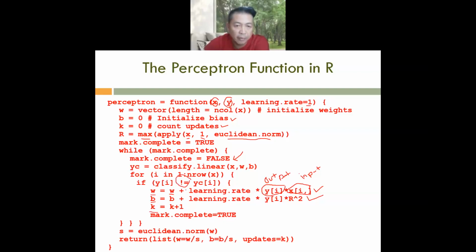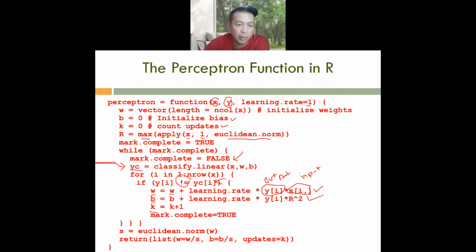This is your actual output, this is your predicted output. Okay, so this is your predicted output that you have when the X, the input, the weightage, and also the bias.